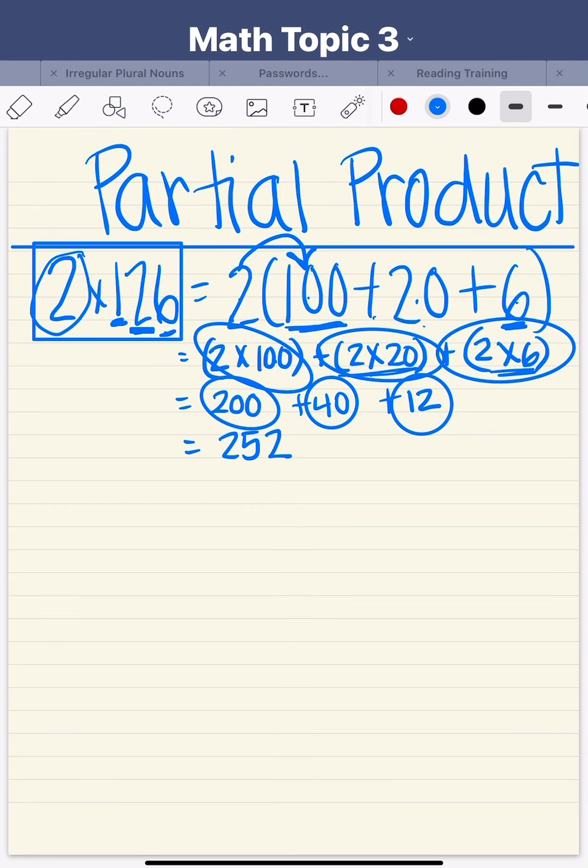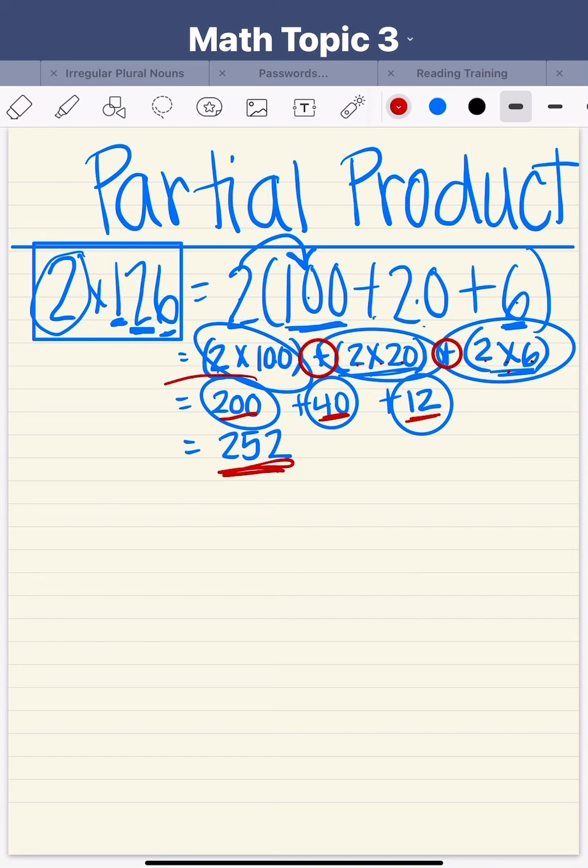So, the product of 2 times 100 is 200. The product of 2 times 20 is 40. The product of 2 times 6 is 12. But don't forget, you have to go back and add these numbers together. Again, we don't have our product yet. Our product is 252. That's our total after we add everything.